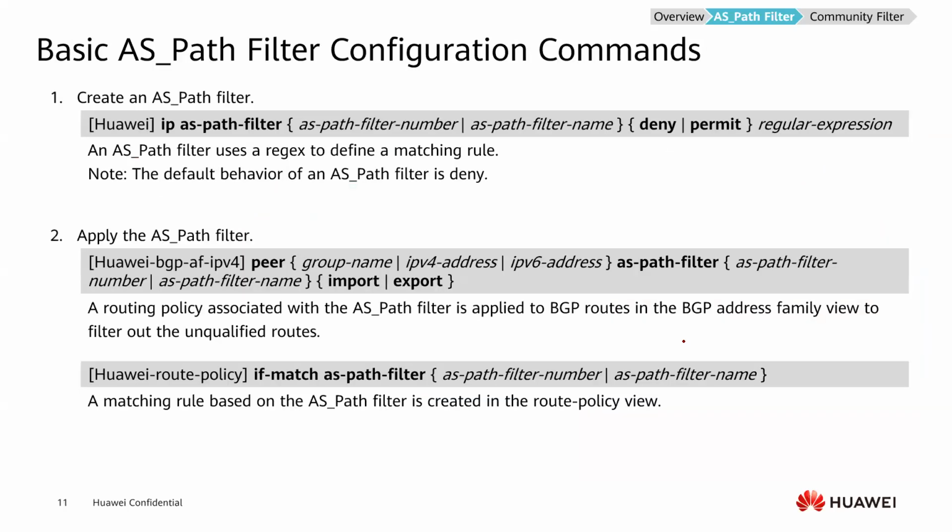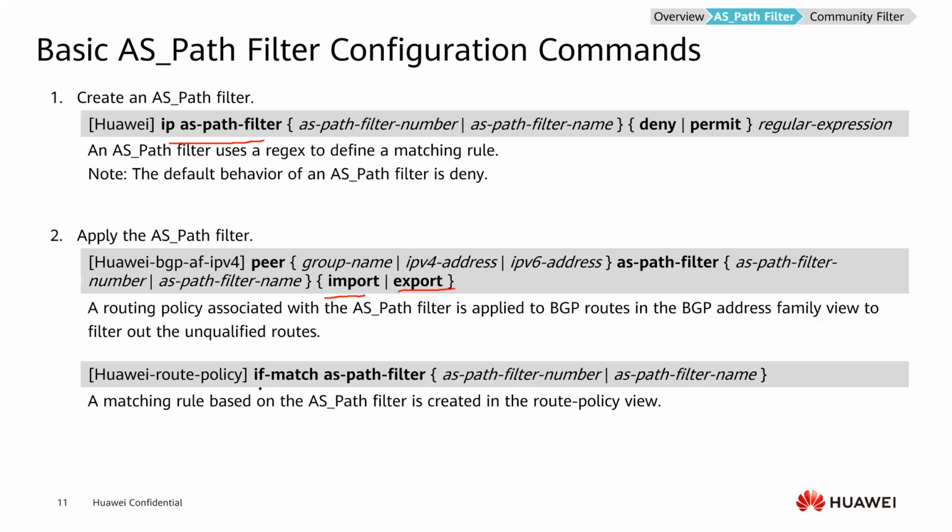Okay, and how do you configure the AS-path filter? For the basic AS-path filter, first you need to create an AS-path filter using this command. Then you need to apply the AS-path filter in the BGP view, just for the peer and for importing or exporting the route.